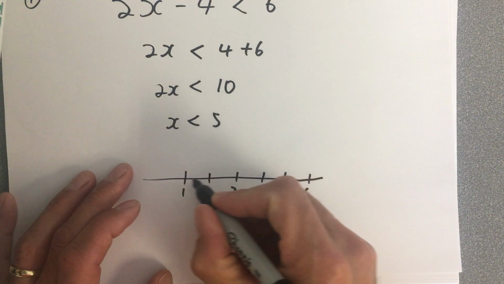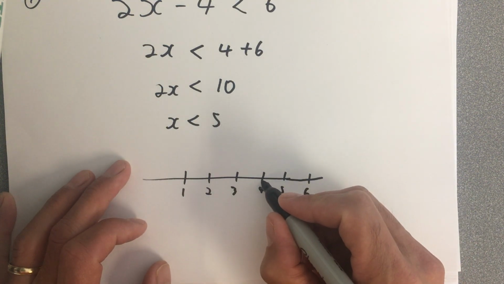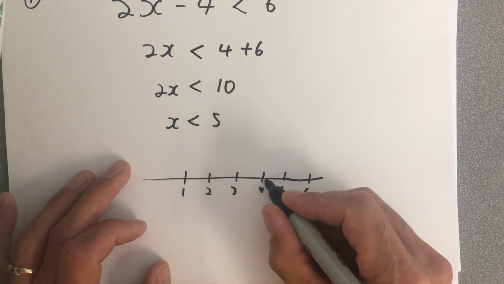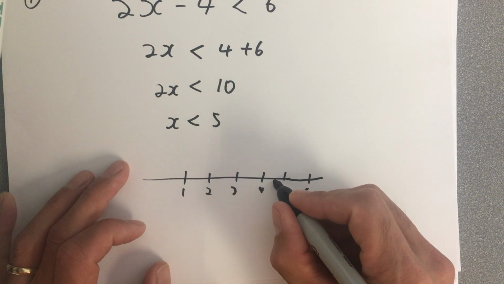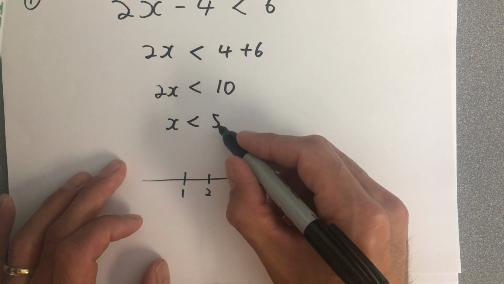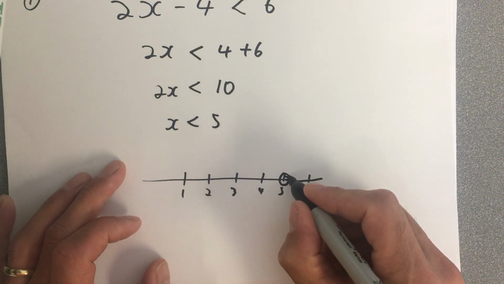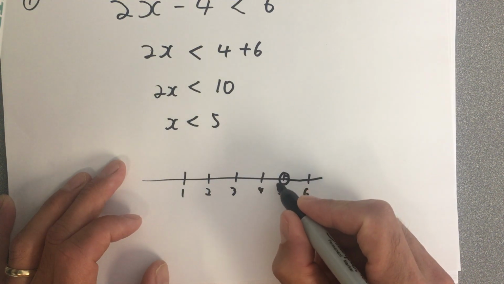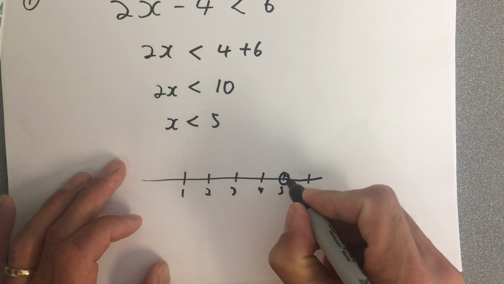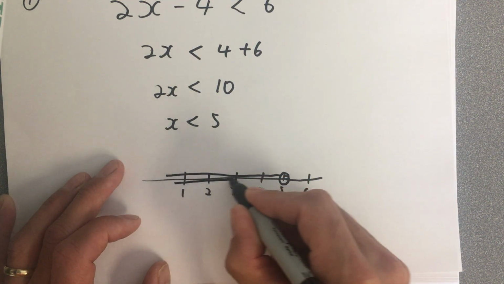I could go from 4 down, but actually there are other numbers smaller than 5. 4.1, 4.2, 4.7, all those are smaller than 5. So to demonstrate strictly less than 5, we put a circle around the location of number 5. Now this open circle indicates we don't include 5, but we include everything below it. And so here is our solution.